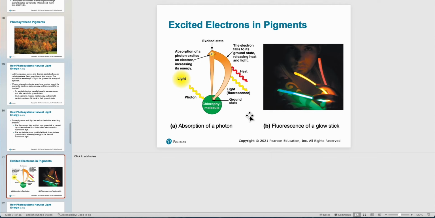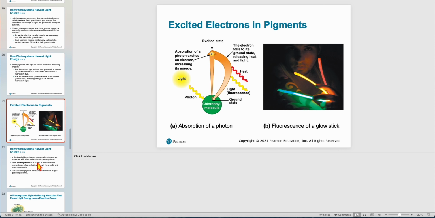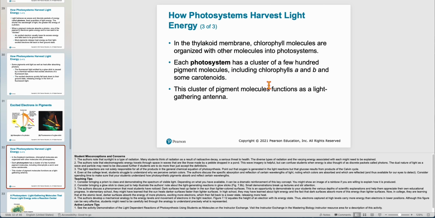And when you put it into an outlet and it excites the electrons, that's when you get heat and light. Okay? So when the electrons come down, they release heat and light. Keep that in mind in this chapter, that heat and light is often released when you release electrons from their energy state.